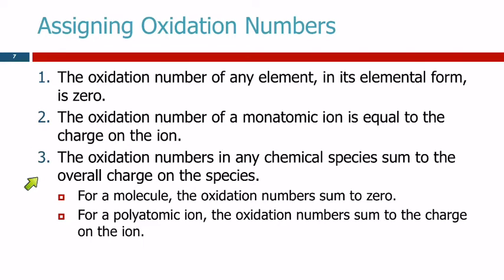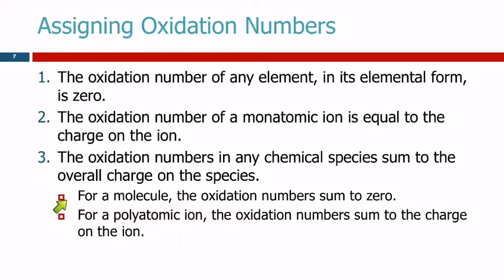Oxidation numbers in any chemical species sum to the overall charge on the species. And really, you could take this one statement, and that really covers rules 1 and 2. Basically, the oxidation numbers have to add up to the overall charge on the species.